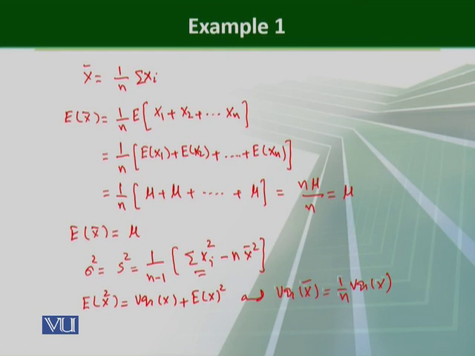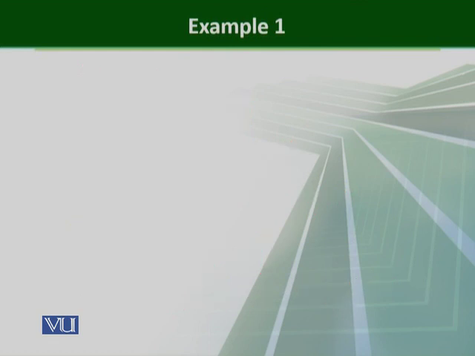Now we take the expectation on both sides, that is the expected value of s square is equal to 1 over n minus 1 into the expected value of sum xi square minus n expected value of x bar square.